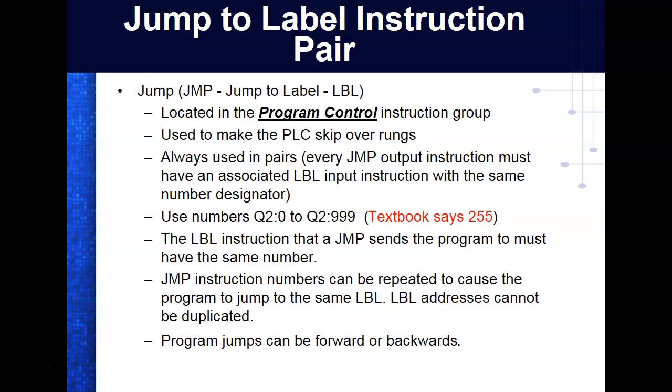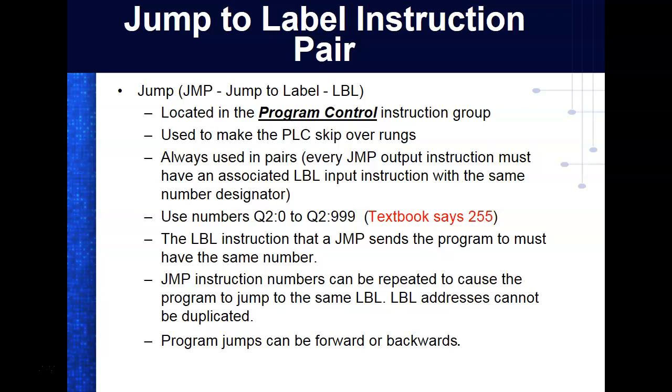It depends on the language. Some languages call this the go-to statement. Go-to label, and of course jump and label. We have to use these in pairs, located in the program control instruction group.